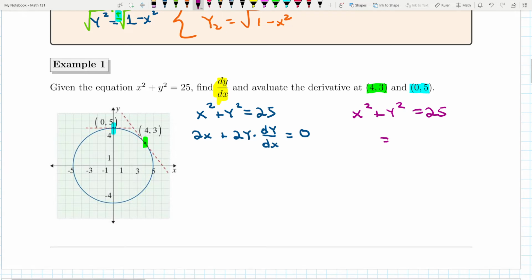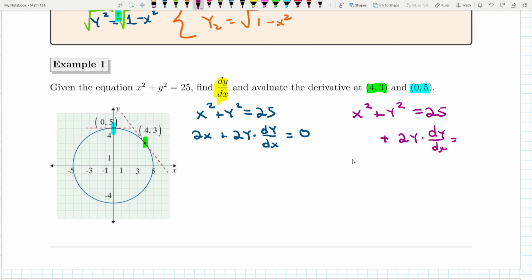For the second term we got 2y times dy/dx, because this y is changing with respect to x; y is the dependent variable, which depends on whatever x changes.